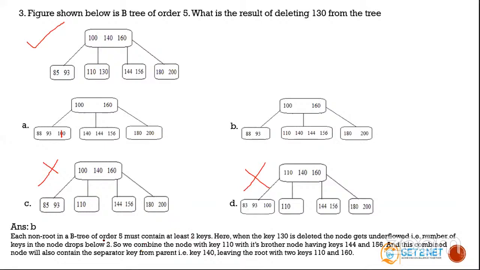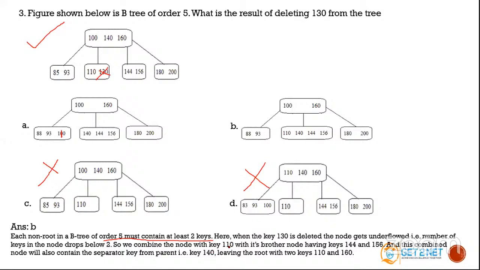A node of order 5 must contain at least 2 keys, it cannot contain 1 key. That means C and D are already omitted. When 130 is deleted, it becomes 1 key, and 1 key cannot happen. So these 2 options are eliminated. After that, what will we do?